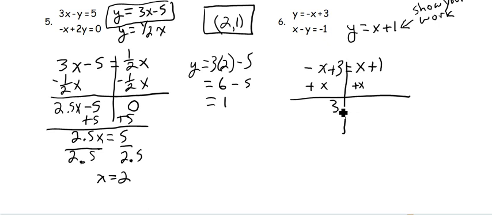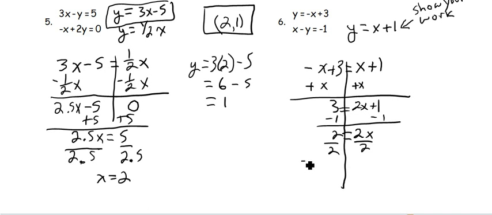I end up with 3 equals 2x plus 1. I'm going to move the 1. 2 equals 2x. I'm sure you've already figured this out, but I want to go through the motions. Divide by my coefficient. I have x equals 1.